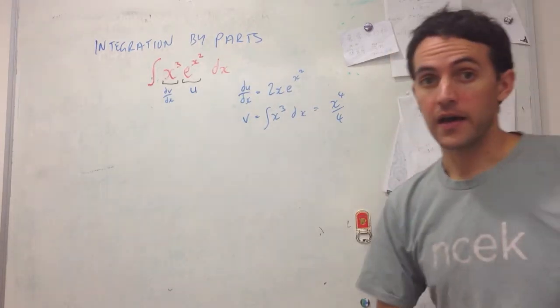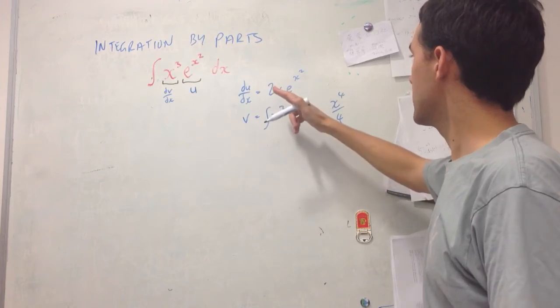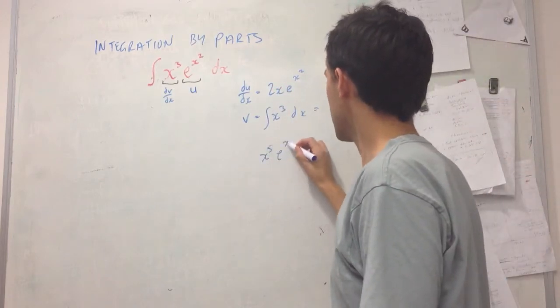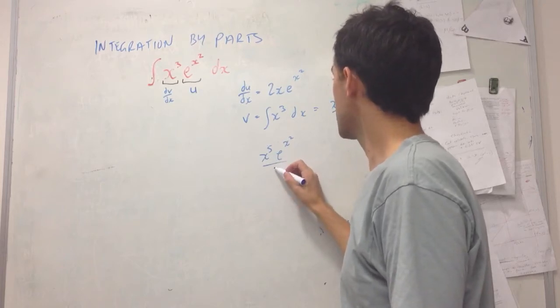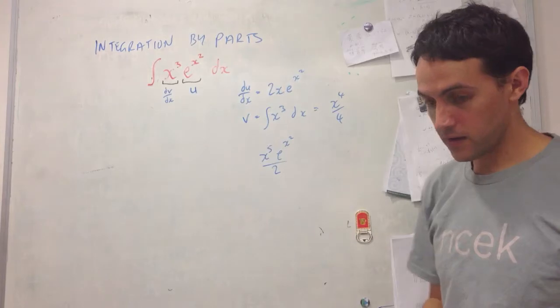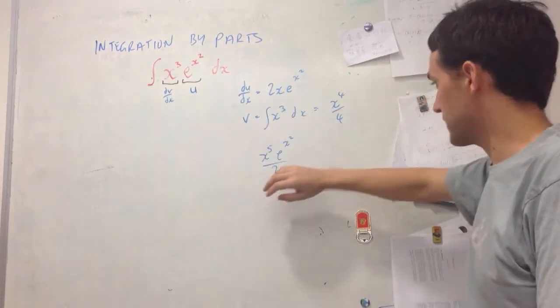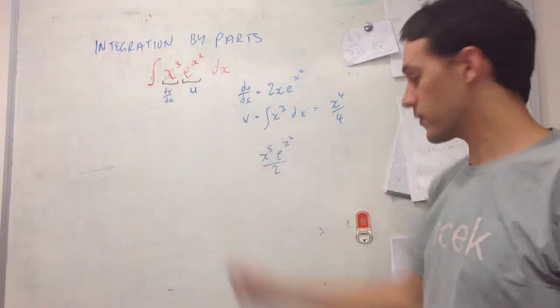Putting those together is just going to give me x to the 5 e to the x squared on 2. And that's no better than what we had before. In fact, maybe it's a bit worse. But I can't have the other rearrangement.